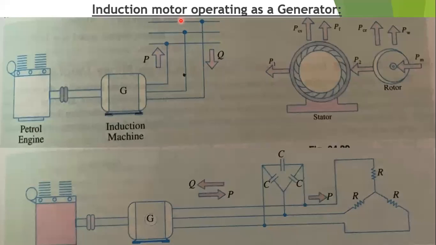If the machine runs at synchronous speed, it is called an induction motor. If it is running above the synchronous speed, then this machine is called an induction generator.